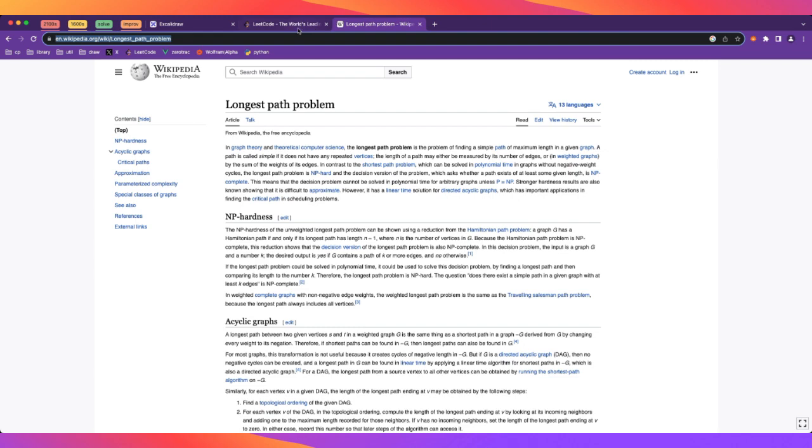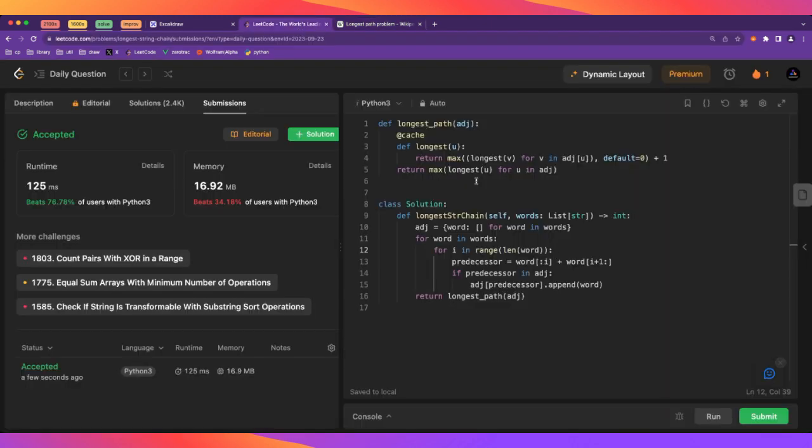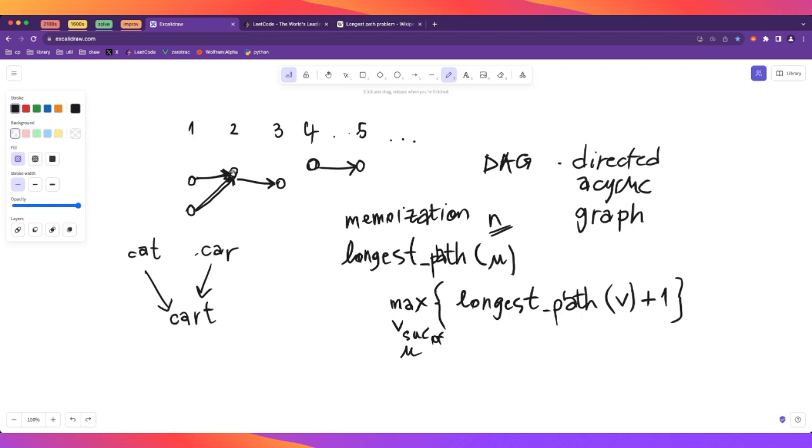But we realized that this was not a general graph. This was a DAG, and we explained why. Because all the edges go to one side. There are no back edges, so there can't be a cycle, and that's what a DAG means, acyclic. And then that means that we could solve it by dynamic programming, by memoization, by defining this recurrence relation.